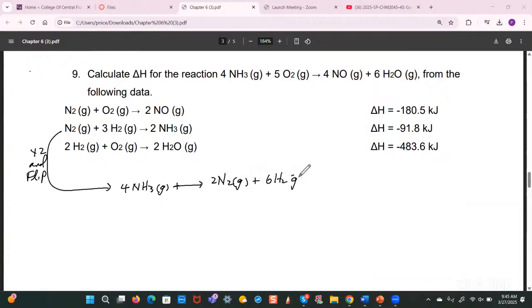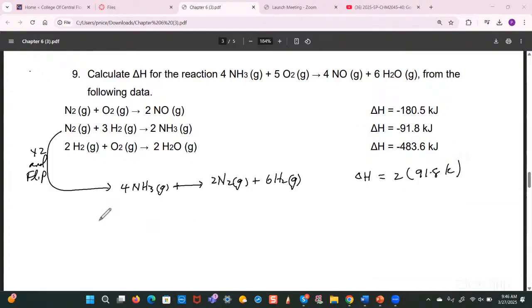Which means what happens to the delta H for this? Flip and double, which means that what happens to the sign? It'd be positive. Right, so therefore it's 2 times 91.8 kilojoules, right? Because when you flip it, the sign changes, and when you double everything, the value is doubled as well.